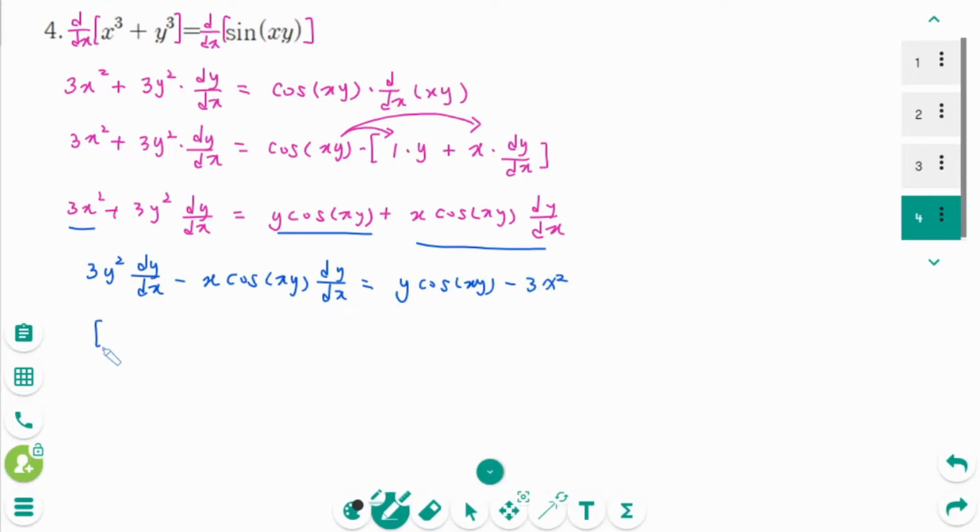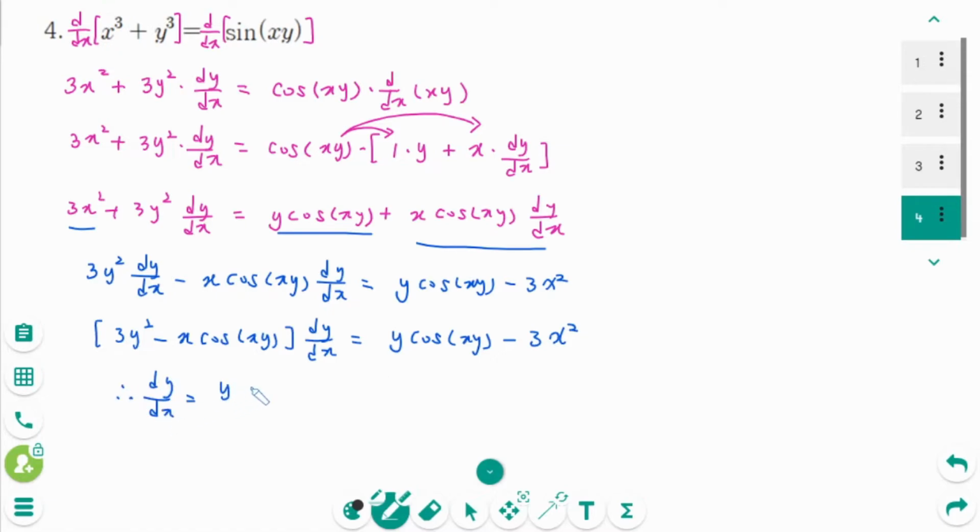Then we can factor: (3y squared minus x cosine xy) times dy/dx equals y cosine xy minus 3x squared. Final answer: dy/dx equals y cosine xy minus 3x squared over 3y squared minus x cosine xy.